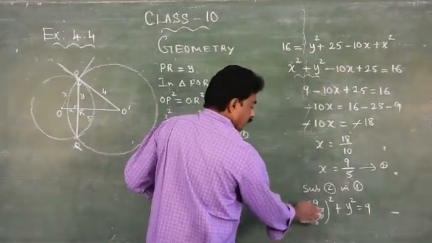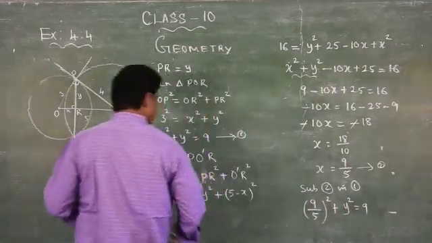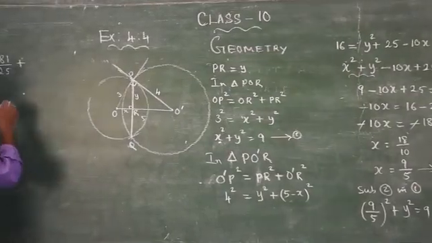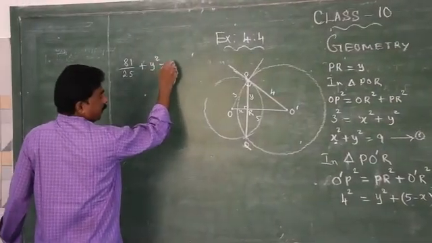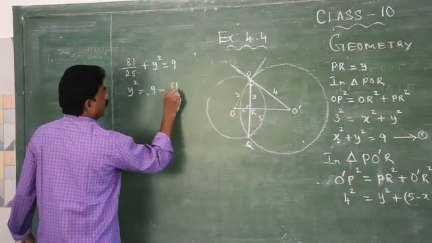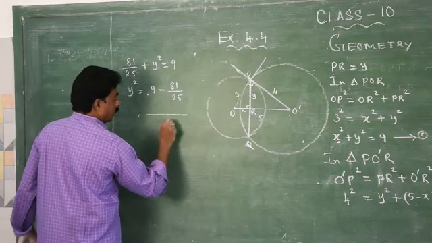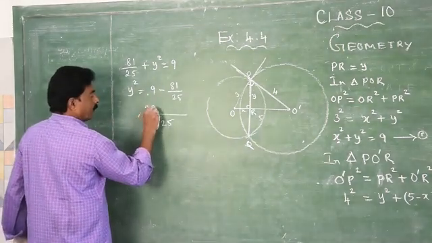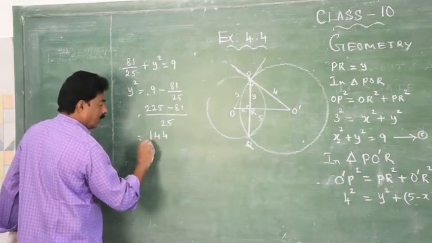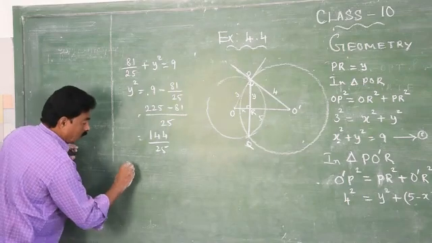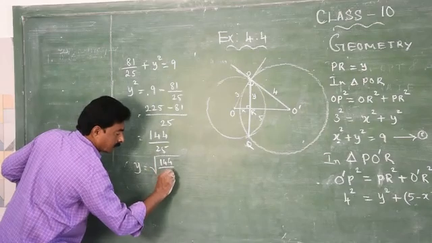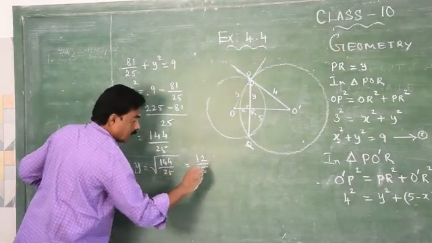So 9 by 5 whole square plus y square is equal to 9. That is 81 by 25 plus y square is equal to 9. So y square is equal to 9 minus 81 by 25. Take LCM 25: 25 into 9, 225 minus 81. So you will get 144 by 25. That is y square. Therefore, y is equal to the square root of 144 by 25, which is 12 by 5. That is y.